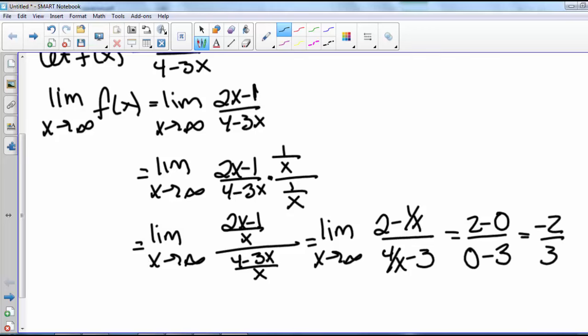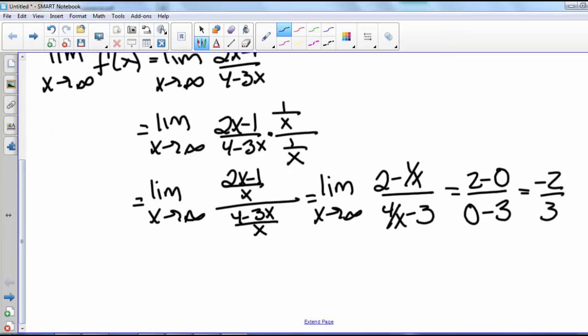So using the theorem we just learned, we can say that the limit as n goes to infinity of a sub n equals negative 2/3 and converges.